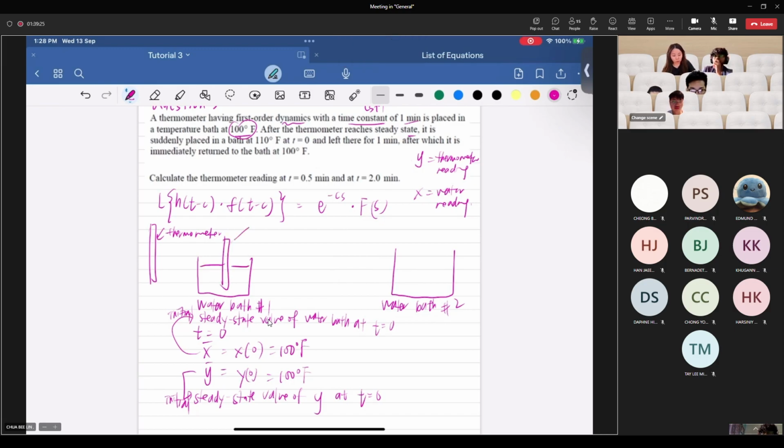So this is placed suddenly in the second water bath, where the water bath temperature at that time is 110 degree Fahrenheit. Okay, so this is the water bath reading, which is your XT.